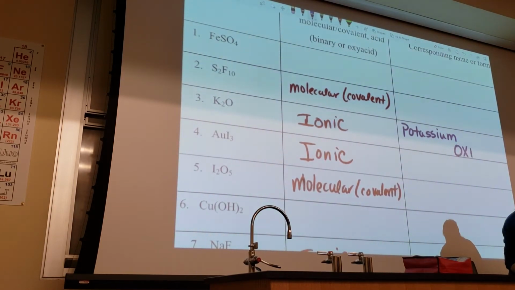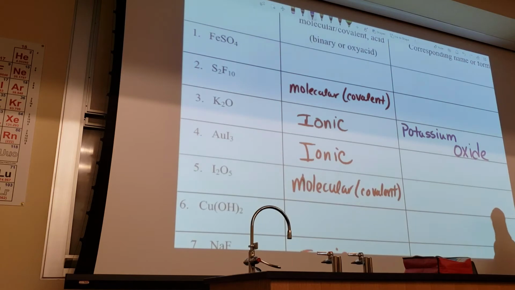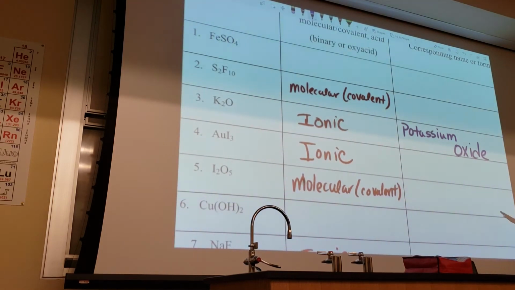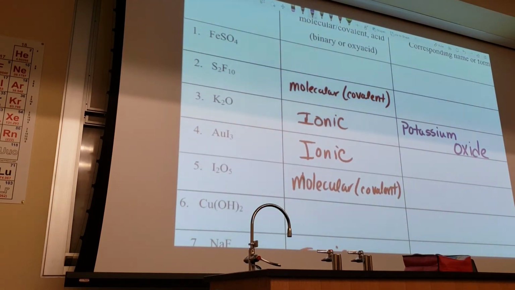So just potassium oxide. You in no way indicate that there's 2. You can always figure that out because potassium is always +1, oxygen is always -2. So coming together, you can always figure out the formula. You never indicate how many you have in the name.